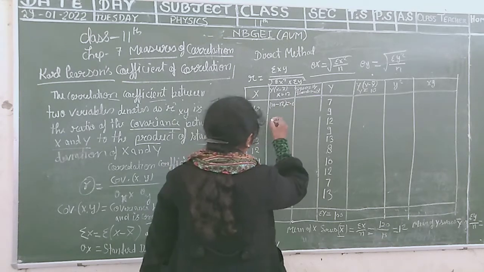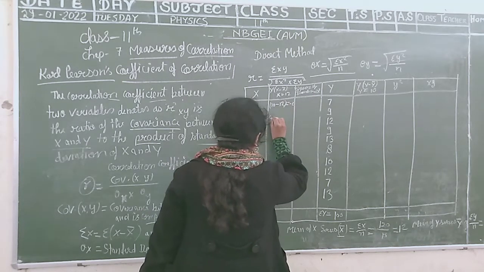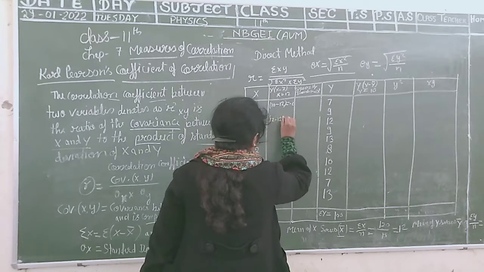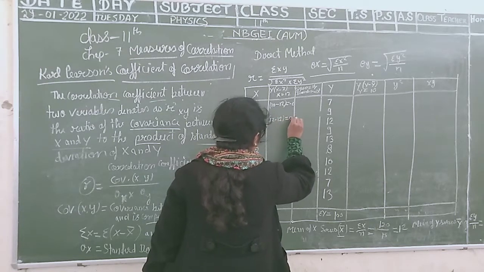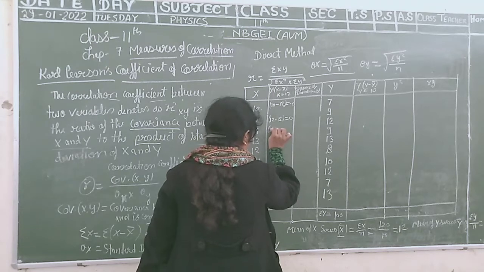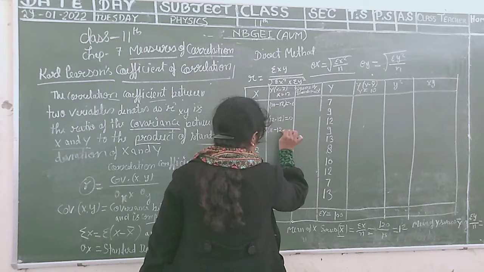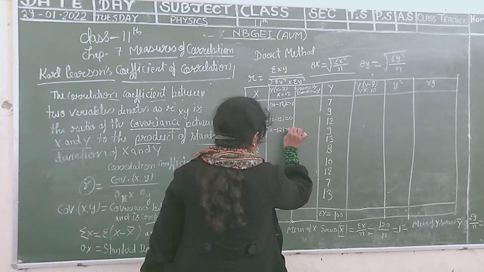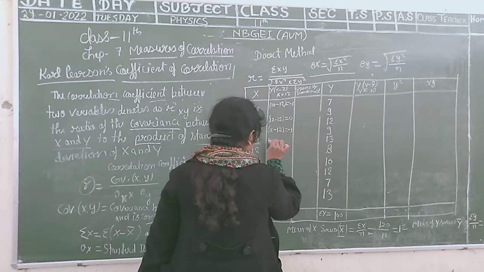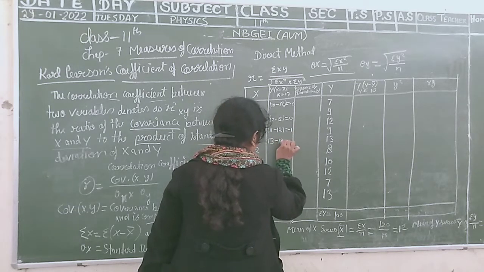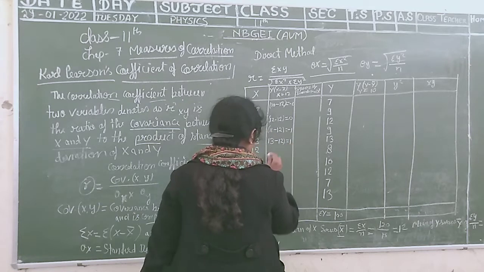Understand? Next, 12 minus 12 equals 0. 11 minus 12 equals minus 1. 13 minus 12 equals 1.